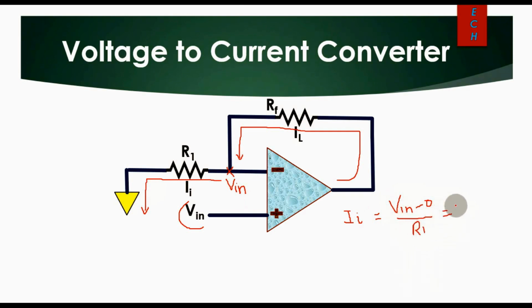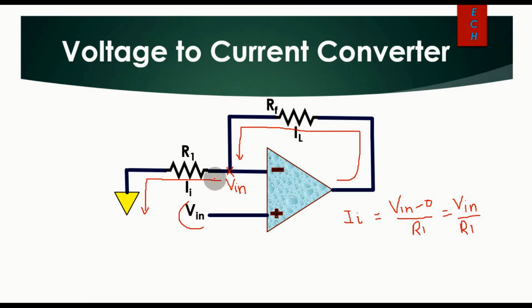So Ii would be V in divided by R1. Since there is no current flowing at the inverting terminal, here the current would be 0.